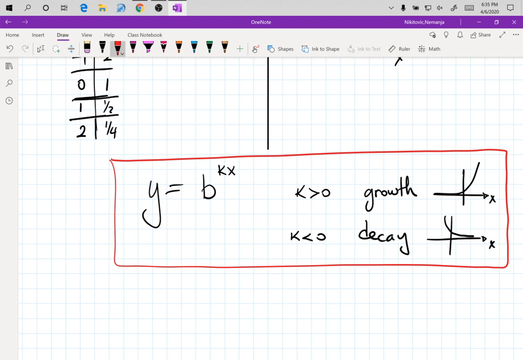Whether it's a decay or a growth, the function has all real numbers as domain, upper half as a range from 0 to infinity, no x-intercepts, and only one y-intercept at (0, 1). So those are our basic specs of exponential function.